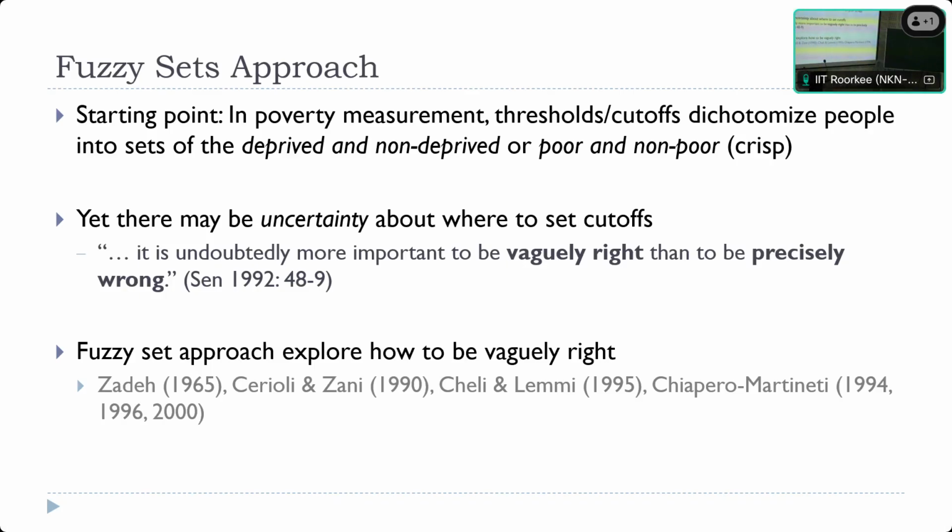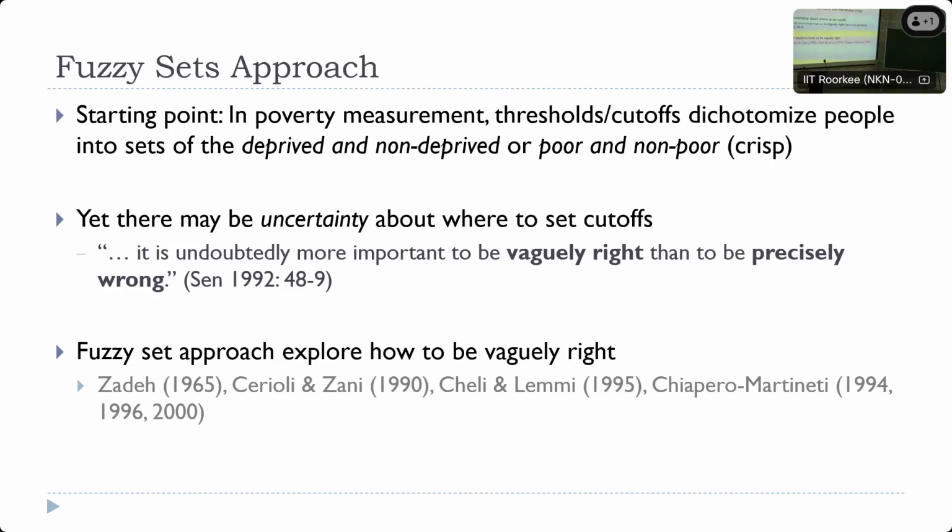They call it a crisp set. The division between poor and non-poor using one poverty threshold, they call a crisp set. That is the terminology they use. They follow this quote from Sen that it is undoubtedly more important to be vaguely right than to be precisely wrong.